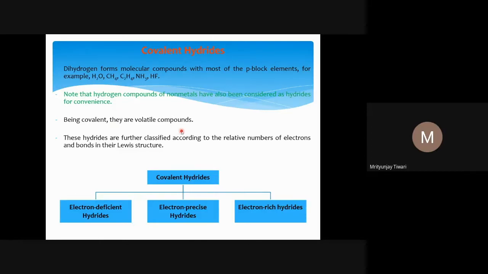This means they will evaporate at room temperature even if you don't provide any extra heat. Even if you keep water in some vessel, after some time you see all the water has gone away into the atmosphere. Wet clothes dry because of evaporation. This suggests that water is a volatile liquid.